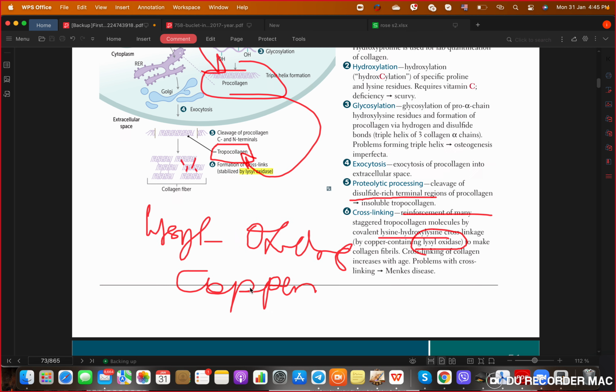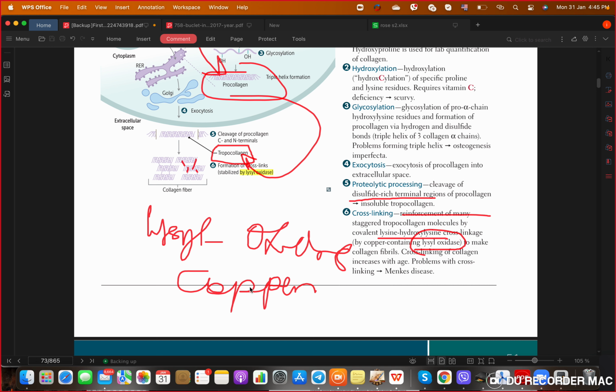Copper to work. So do you remember which two diseases have a problem with copper? Either too much copper or too little copper? Too much is Wilson's, right, Doc? Too little is Menkes. Yes. Okay, so cross-linking of collagen increases with age, and problems with the cross-linking lead to Menkes disease.